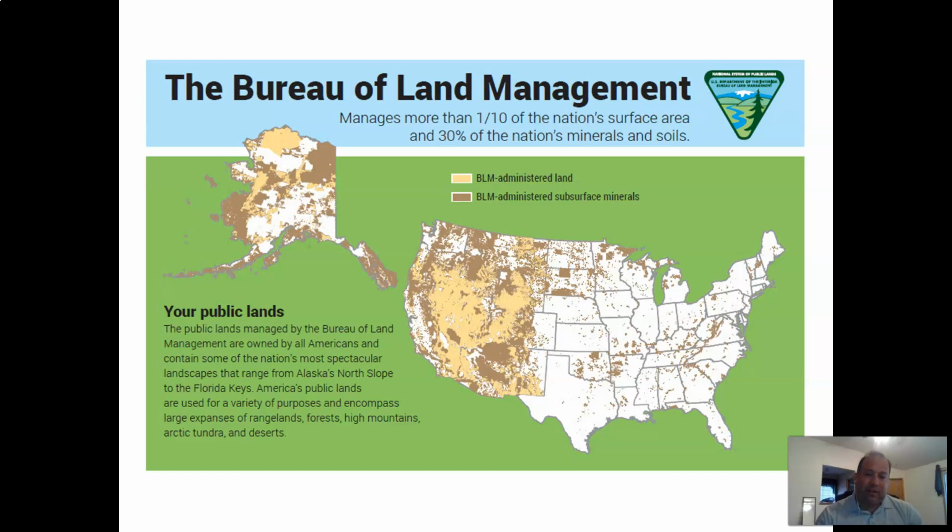The Bureau of Land Management first started off as the General Land Office, and it was set up with people moving west in the United States. They did a lot of land surveying, and then eventually moved on to this idea of becoming the Bureau of Land Management. And now their big things are managing the rangelands and managing minerals and managing for multiple use, similar to the Forest Service.